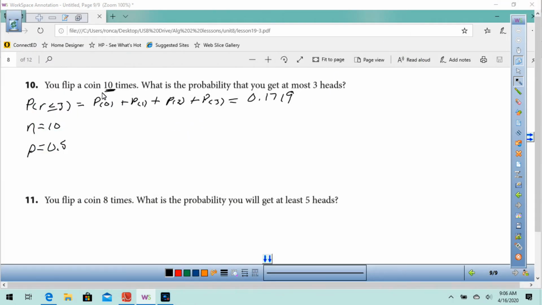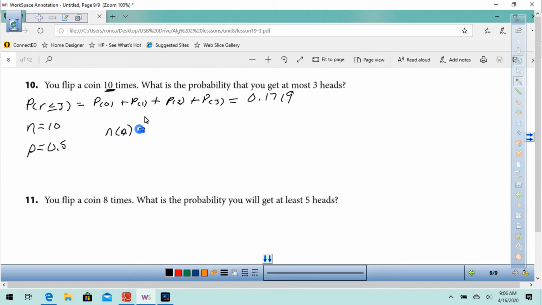All right. Now, what if we did it the other way? Just to show you, you get the same answer either way. So we have N of A equals... well, that's some terrible handwriting right there. We got 10 choose 0 plus 10 choose 1 plus 10 choose 2 plus 10 choose 3. All right.